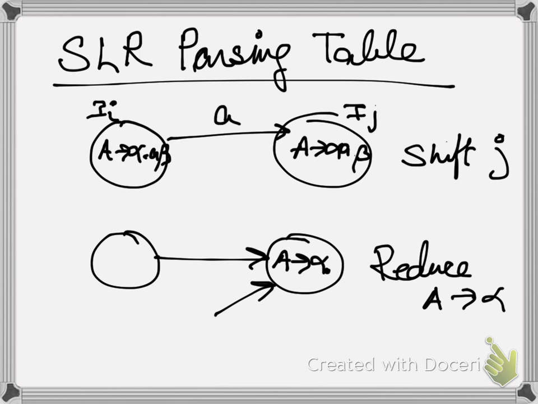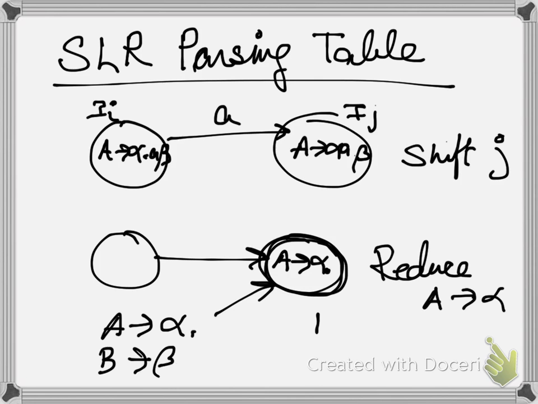So our main assumption in LR0 is that in any state which has a final item, there must be only one item like this. I cannot have A derives alpha dot and B derives beta dot together. This is not allowed.